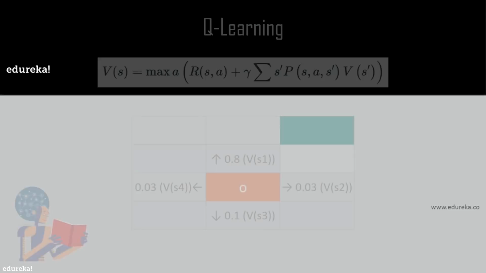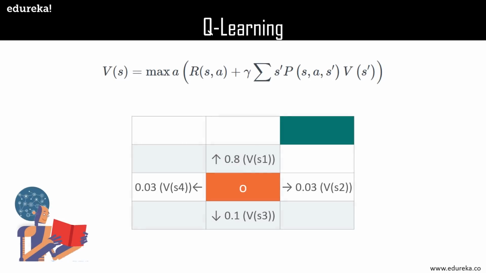So earlier we had 0.8 into V of S1, 0.03 into V of S2, 0.1 into V of S3, and so on. Now, if we incorporate the idea of assessing the quality of the action for moving to a certain state, the environment with the agent and the quality of the action will look something like this.